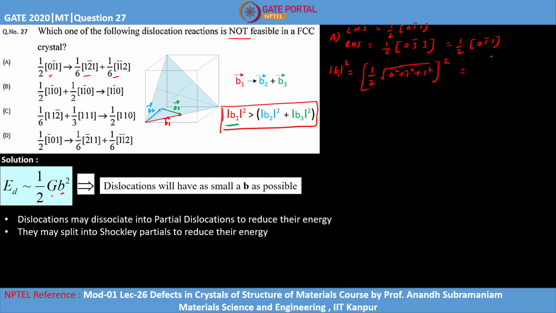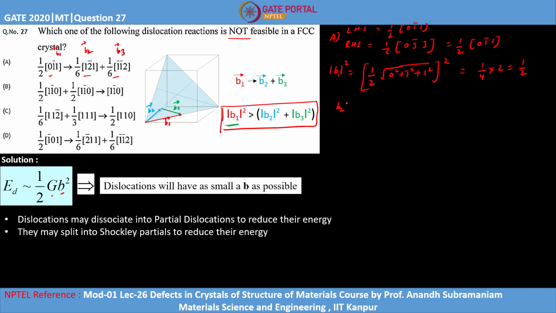So it will be equal to 1/4 times 2, which is 1/2. So we got the magnitude of b1 squared. Similarly, we will calculate the magnitudes of b2 and b3. Assume that these are the 3 Burgers vectors, right?